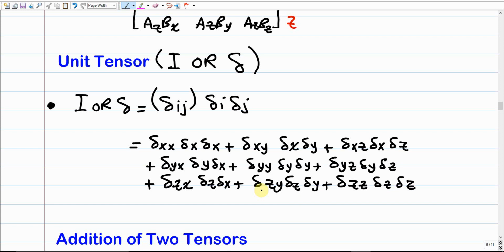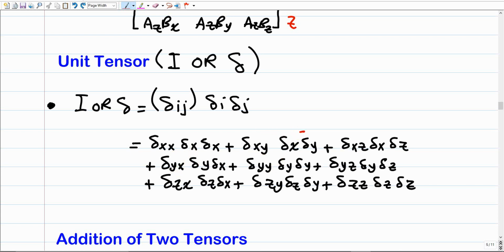Make sense? If we look at all of these components of the unit tensor, all of them are the canonical delta. Which one of these canonical deltas is 1? Which one is 0? Any canonical delta with the same index should be 1. But if we have different indices, it should be 0. Make sense? According to the definition of the canonical delta.